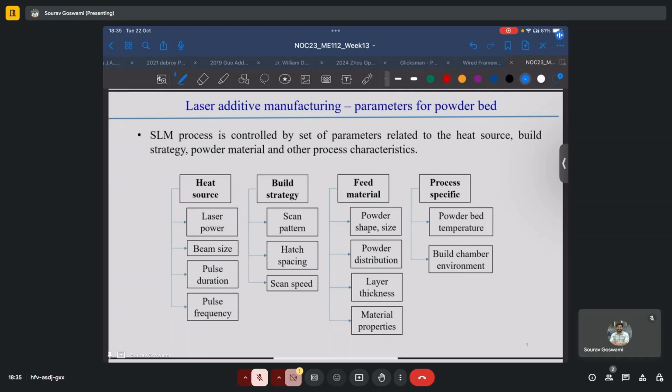Typically, a small size beam is used for scanning the contours, whereas a large size beam is used for the infill region. An even larger size of beam may be used for preheating the powder bed, should it be needed, or for remelting the already printed layers. However, typically you will not really alter the beam size during the process. Mostly it is only done at the start of the process.